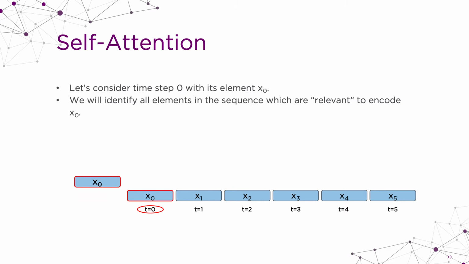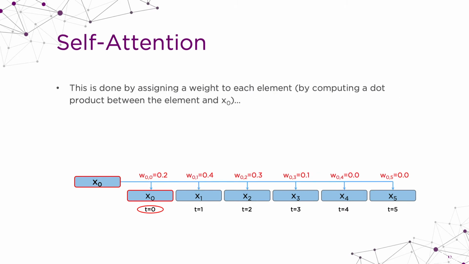So what we want to do is to use attention to find all the elements in this sequence that are relevant to encode the important context for this element. We use attention to compare the current element x0 with all the other elements, including itself, and come up with these weights that tell me which elements in the sequence are important for the current element x0.